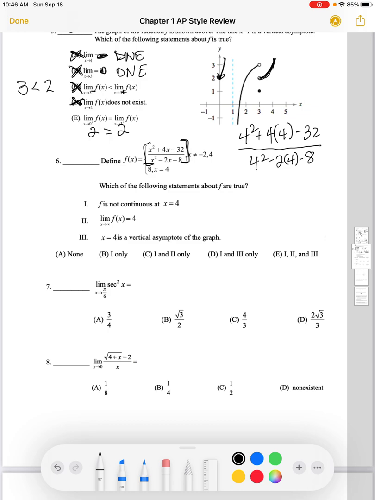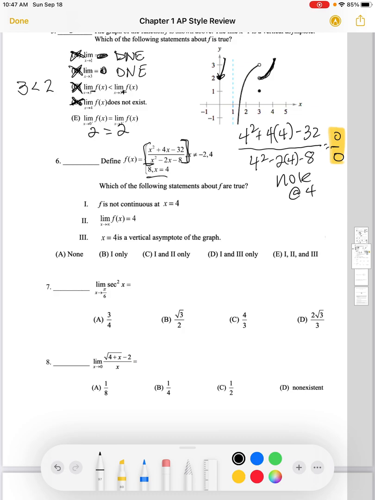So in this top part, we have 16 plus 16 minus 32, so that's going to be 0. And in the bottom, we're going to have 4 squared, so that's 16 minus 8, so that is also 0. When we do direct substitution and we get this nice part of 0 over 0, that tells me that there's a hole at 4. Which is great because then we know it's not continuous.